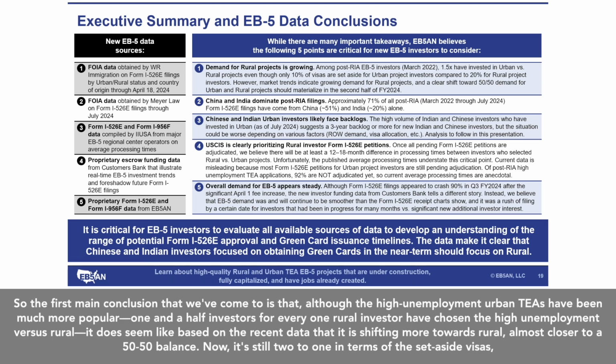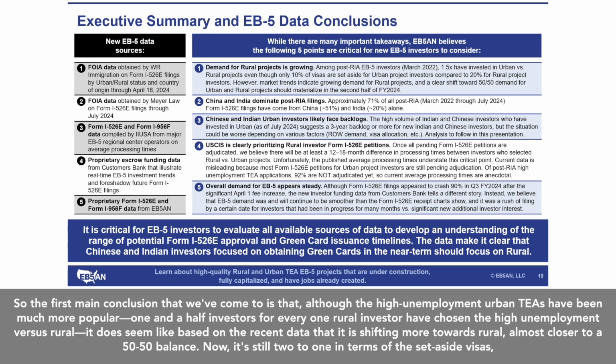So the first main conclusion that we've come to is that although the high unemployment urban TEAs have been much more popular, 1.5 investors for every 1 rural investor have chosen the high unemployment versus rural, it does seem like, based on the recent data, that it is shifting more towards rural, almost closer to a 50-50 balance.